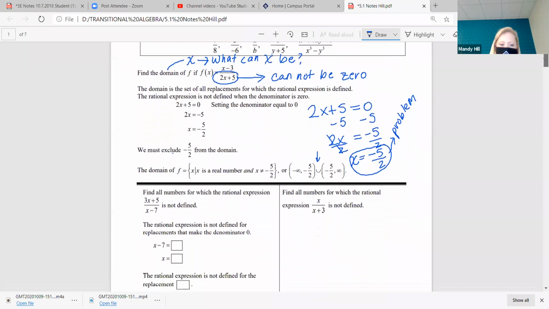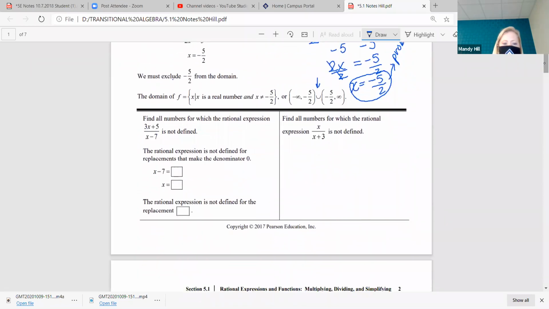Okay. So this says find all the numbers for which the rational expression 3x plus 5 over x minus 7 is not defined. Well, we're worried about the bottom of this fraction because it cannot be equal to 0. So what's going to make the bottom of that fraction equal to 0? We would have to add 7.